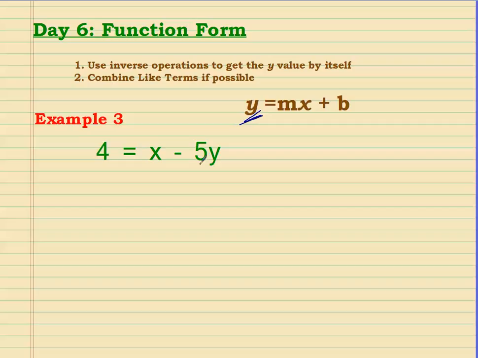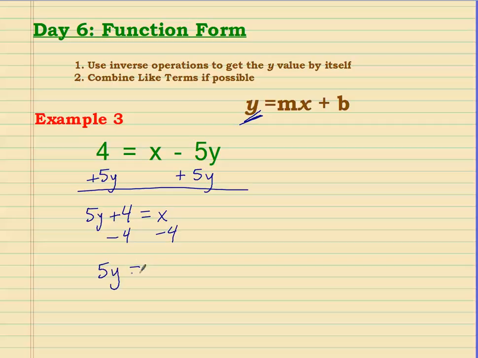So what I can do to get the y by itself is add 5y to both sides. And I get 5y plus 4 is equal to x. And then I can subtract 4 from both sides. And I get 5y equals x minus 4.